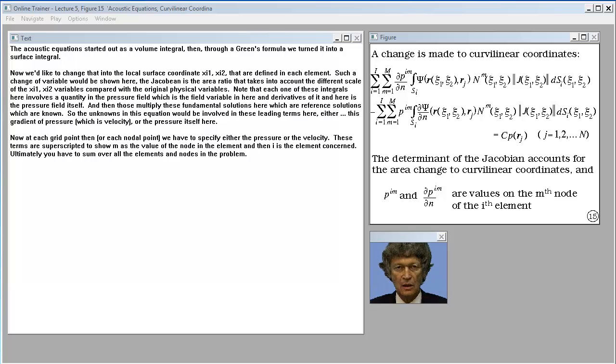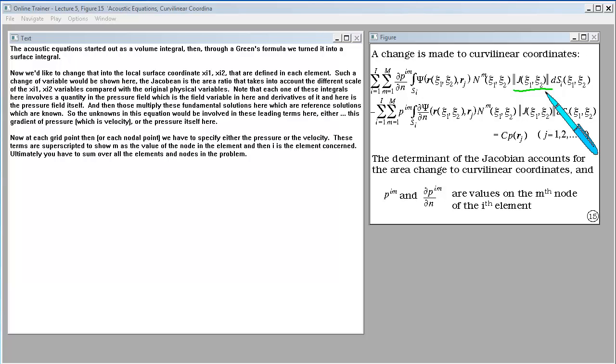The acoustic equation started out as a volume integral. Then through a Green's formula we turned it into a surface integral. Now we'd like to change that into the local surface coordinates ξ1, ξ2 that are defined in each element. Such a change of variable would be shown here. The Jacobian is the area ratio that takes into account the different scale of the ξ1, ξ2 variables compared with the original physical variables.